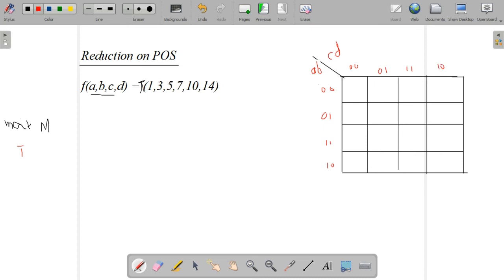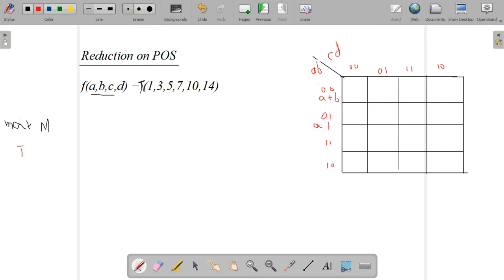Then this is a POS expression, so 0 is indicated by the same variable. There is no change on the value of zeros. So we can write A plus B. You have to remember this one, A plus B. Wherever 1 is there, that variable alone we take as the complement.